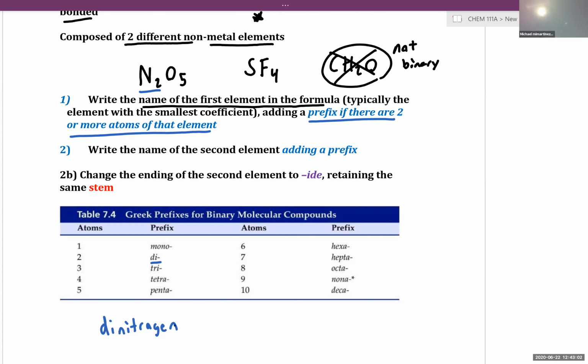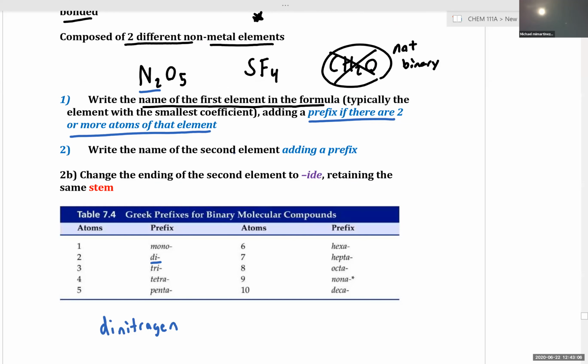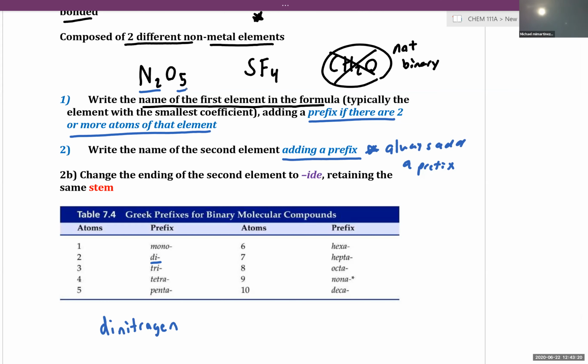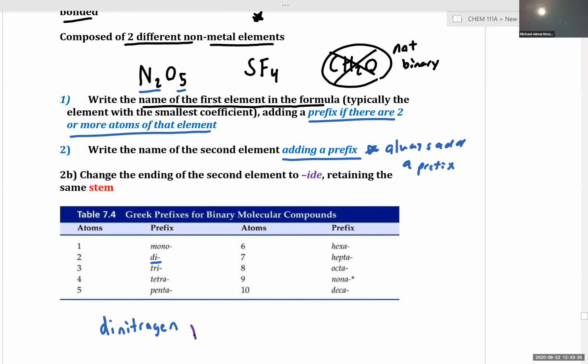Now, for your second element, you're going to write the name of the second element and you always add a prefix. So for the second element, you always add a prefix. So since we have five oxygen atoms, we use the prefix of penta. Okay.